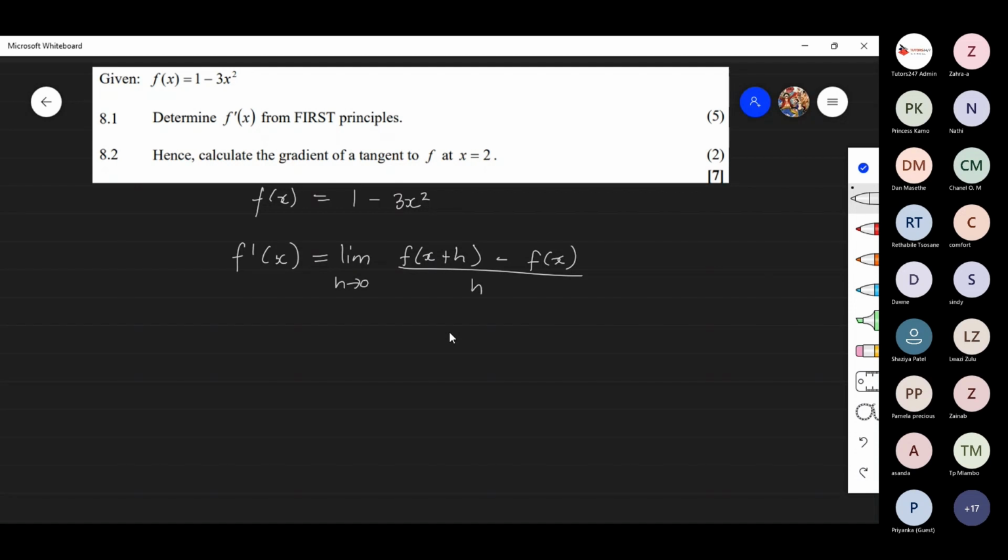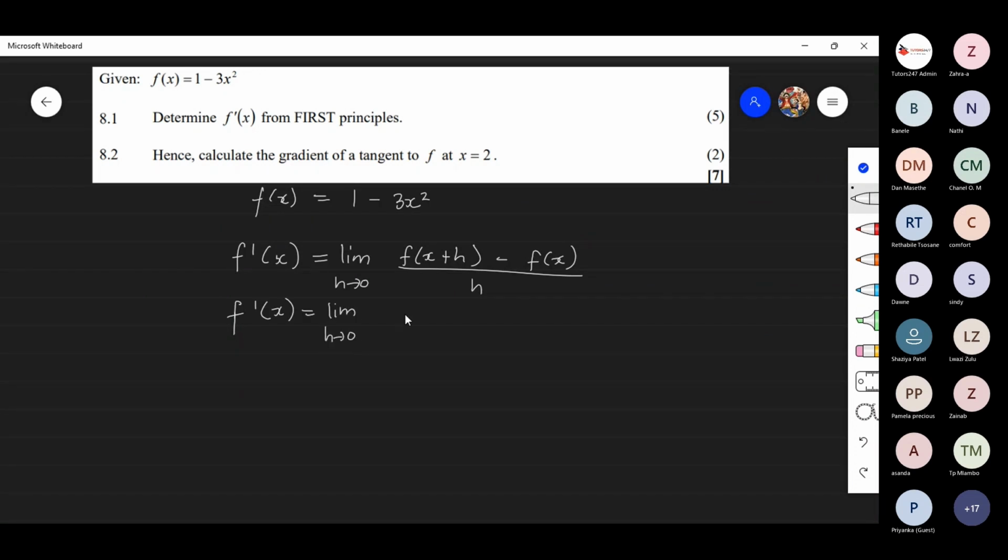Keep in mind that this formula is at the back of your formula sheet in case you forget it or in case you struggle with memorizing formulas. All you can do is revert to the back of your exam paper and there is a formula sheet whereby you will find this. So let us substitute f of x plus h.